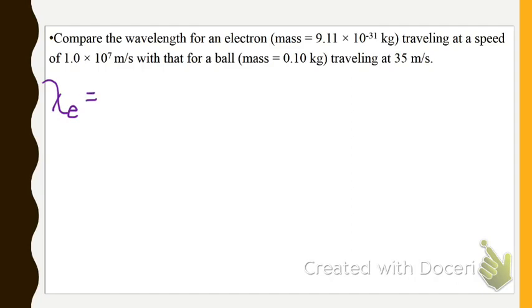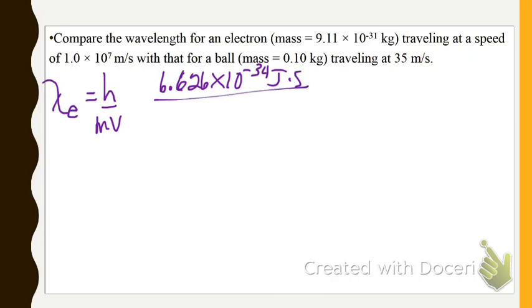And we're going to substitute h, which is 6.626 times 10 to the negative 34 joules times seconds, over the mass, which is very, very light, and then 1 times 10 to the 7 meters per second.